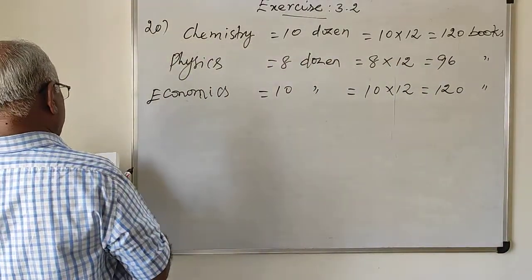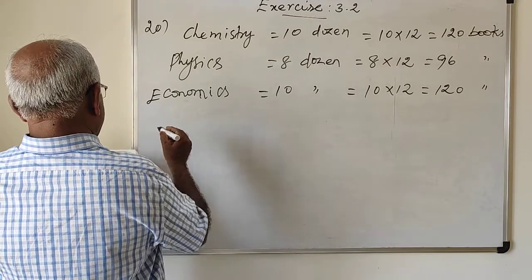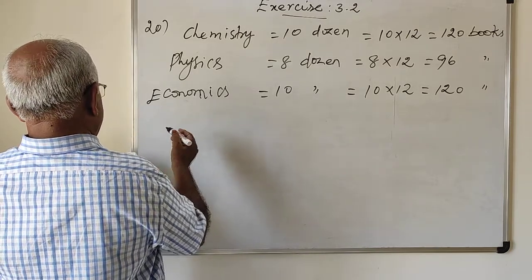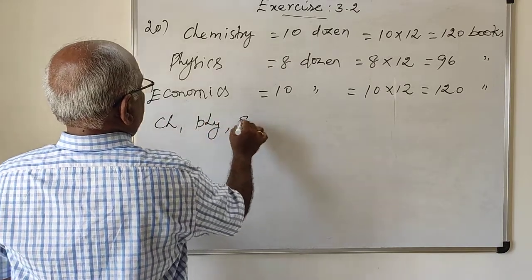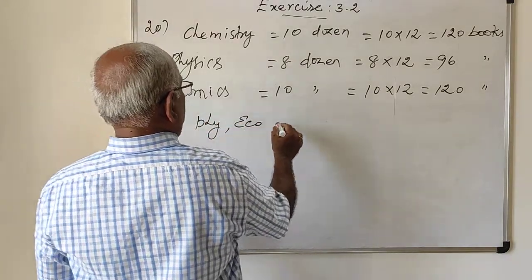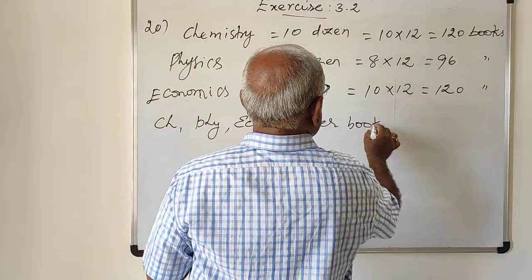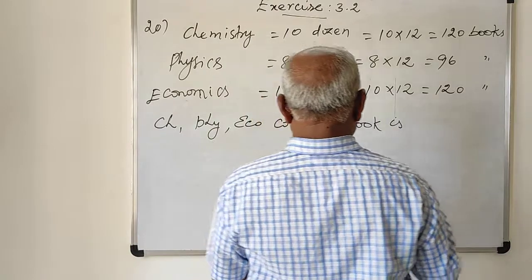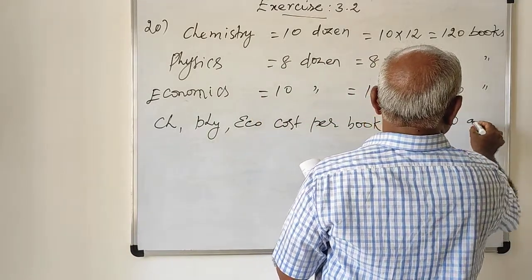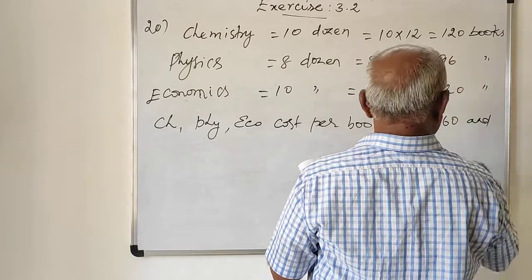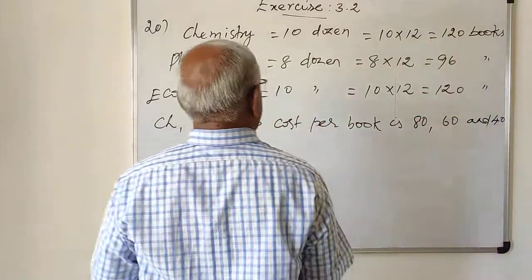And each book of chemistry, physics and economics costs rupees 80, 60 and 40 respectively.